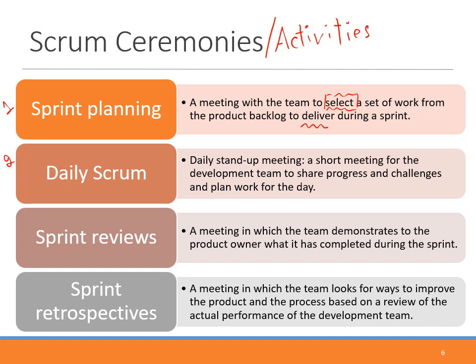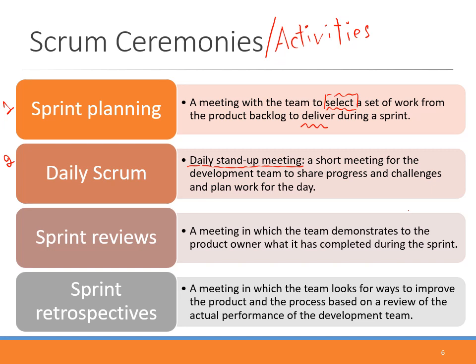Then the next activity is the daily scrum. Sprint planning is done just once, but daily scrum is done every day within your sprint. So it is a daily stand-up meeting. We're supposed to stand. The reason that we're supposed to stand is that, can you guess? Yes, you're right. We want it to be short.